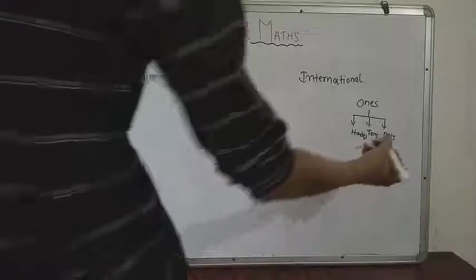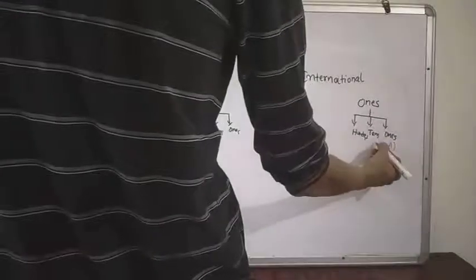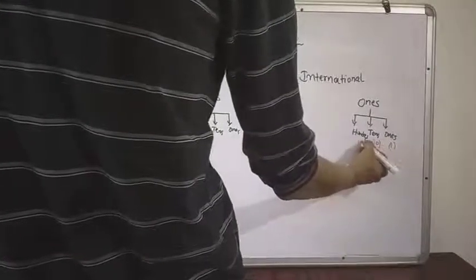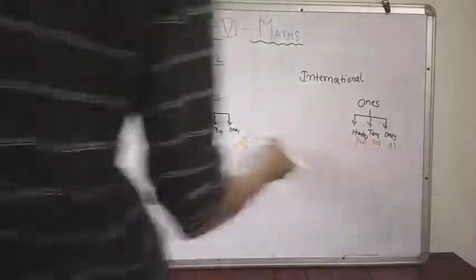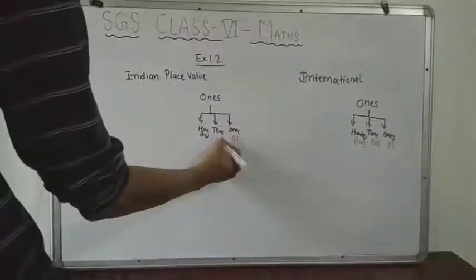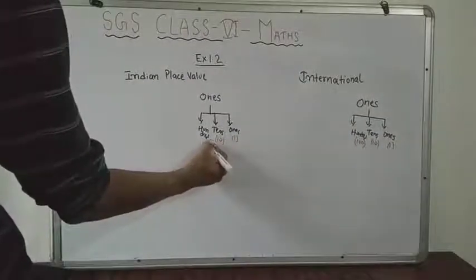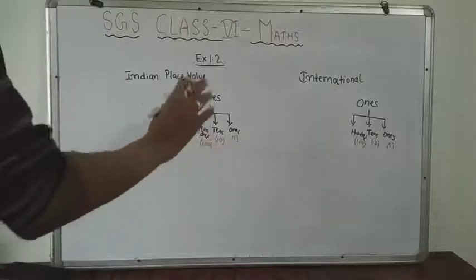Ones means 1, tens means 10, and hundreds represents 100. I hope you have cleared this part.